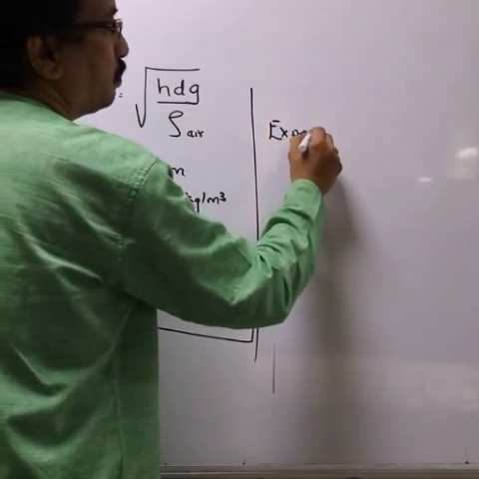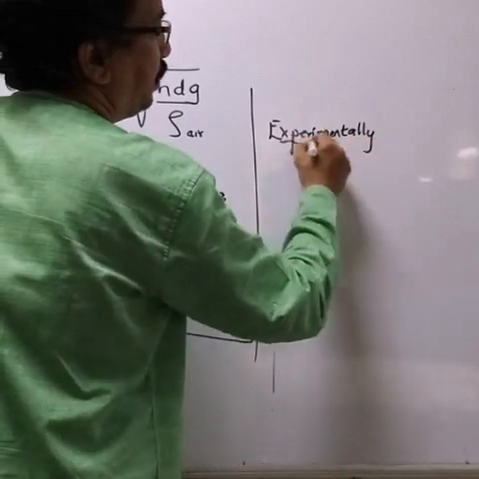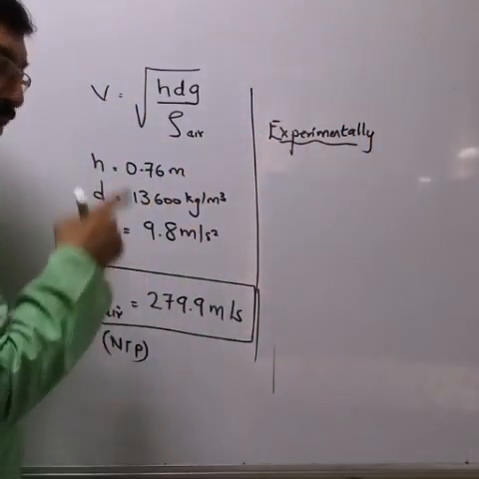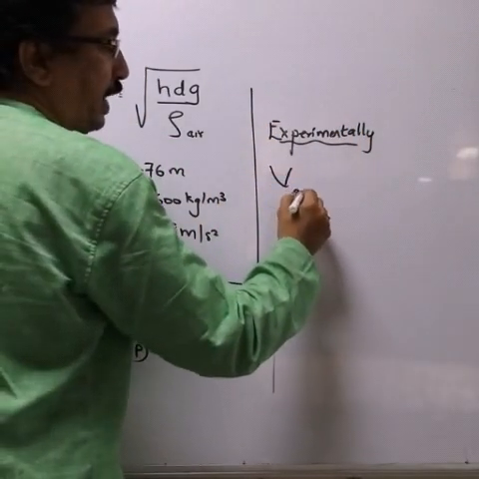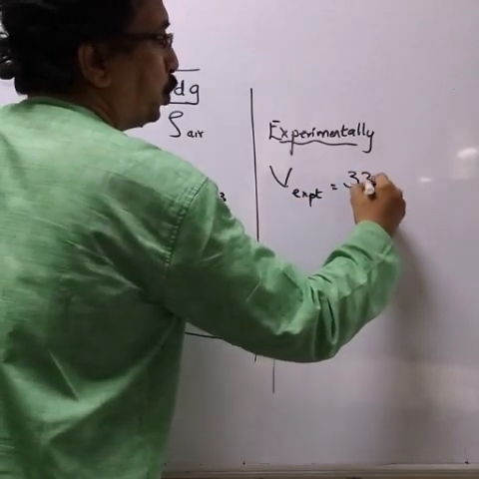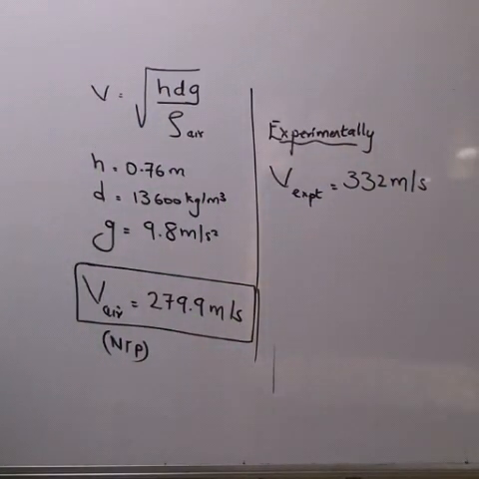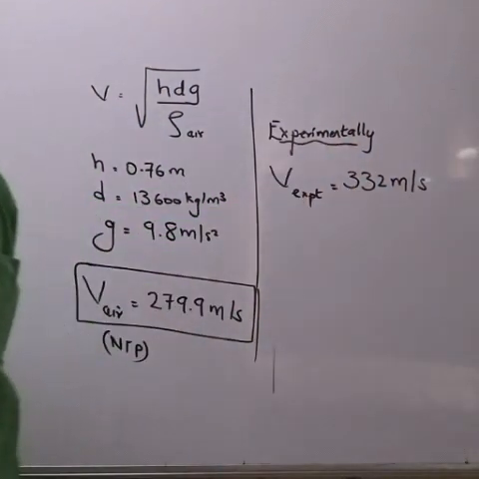Experimentally, when you calculate the value of velocity of sound in air, the experimental value comes out to be 332 meter per second. How much? 332 meter per second.